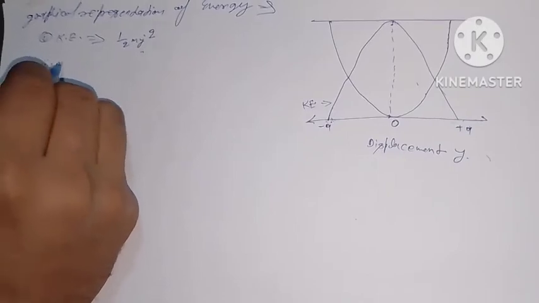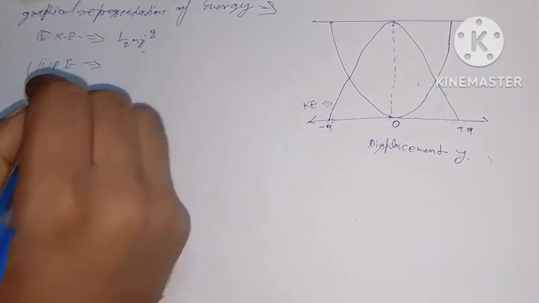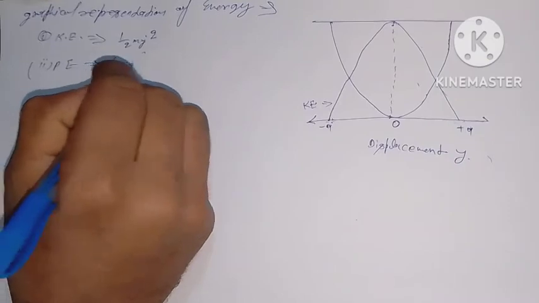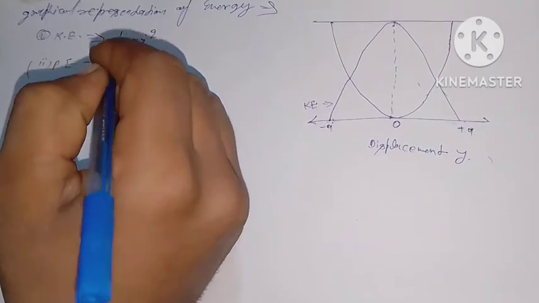Second, potential energy. The potential energy is given by 1 upon 2 S y square, where S is the stiffness.